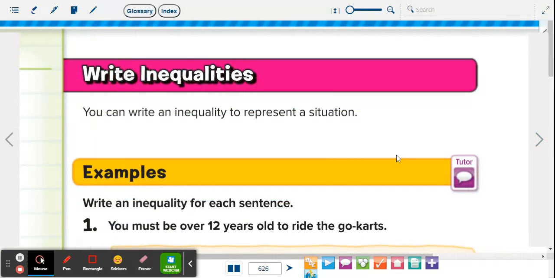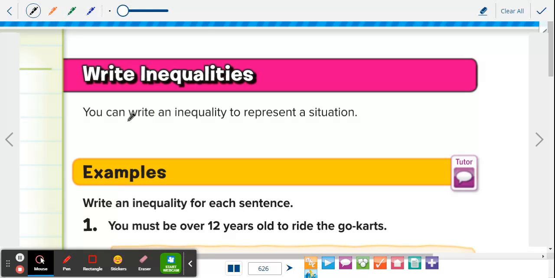We're going to start off by writing inequalities for a situation. Number 1, you must be over 12 years old to ride the go-karts. If you have to be over 12, can you be 12 and ride? No. Over 12 means everything above 12. When we write this, you include the number they gave you, 12, but we don't know the age, so we use a variable.